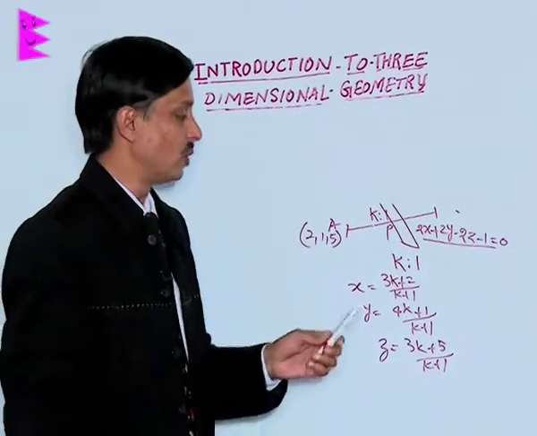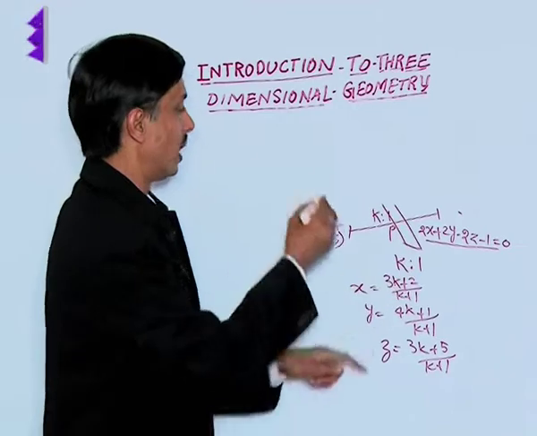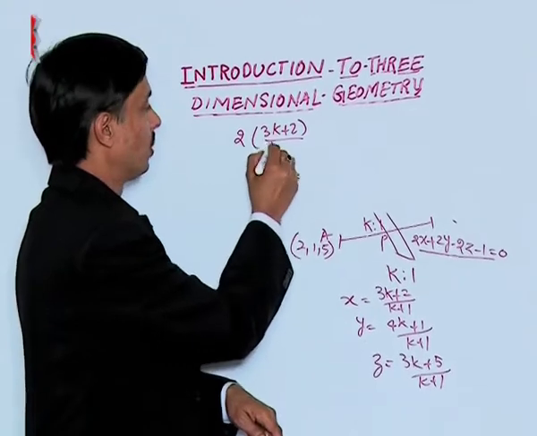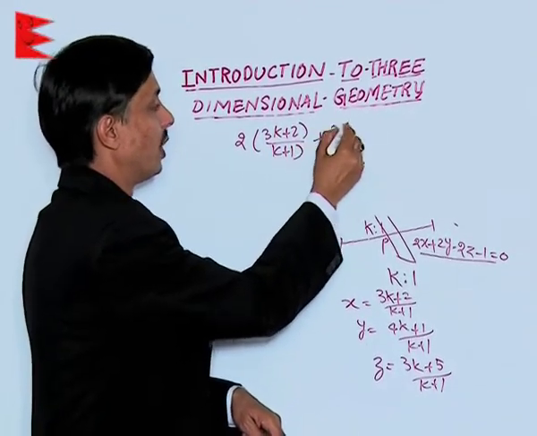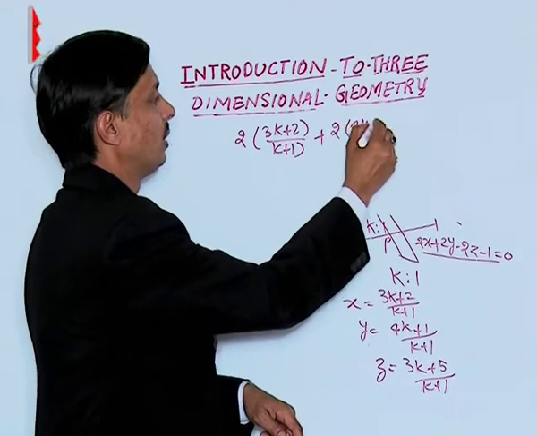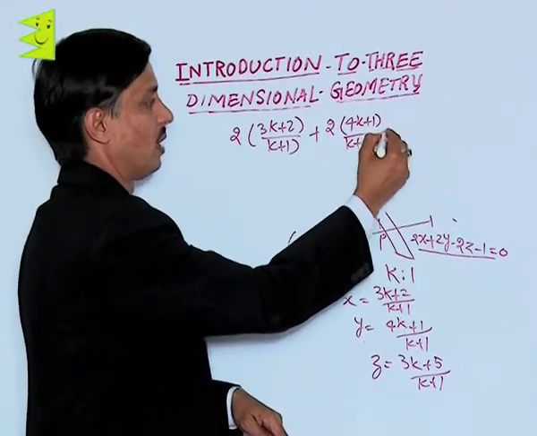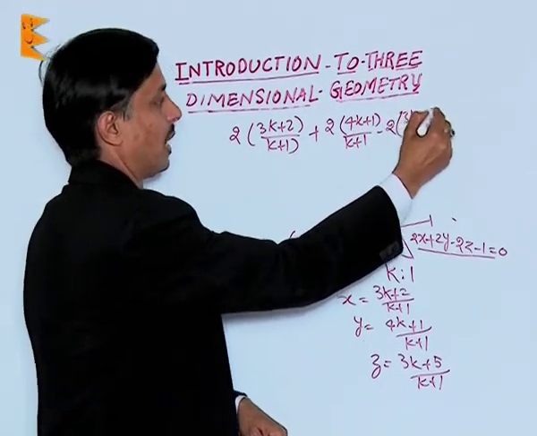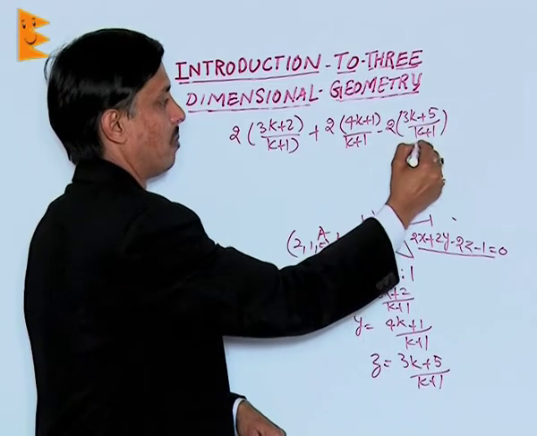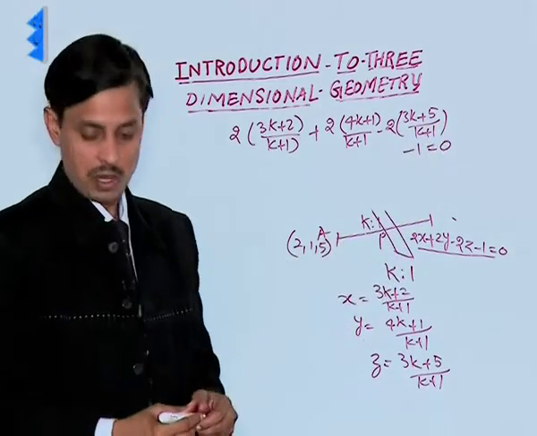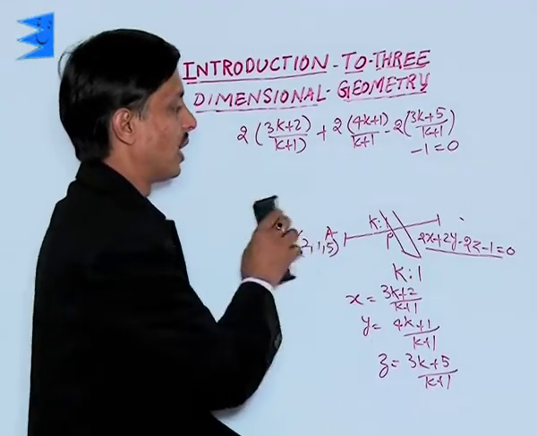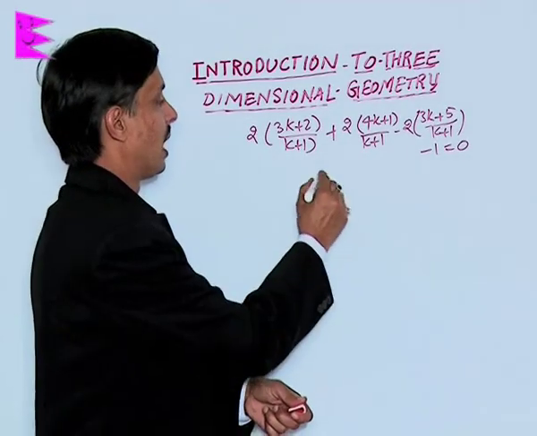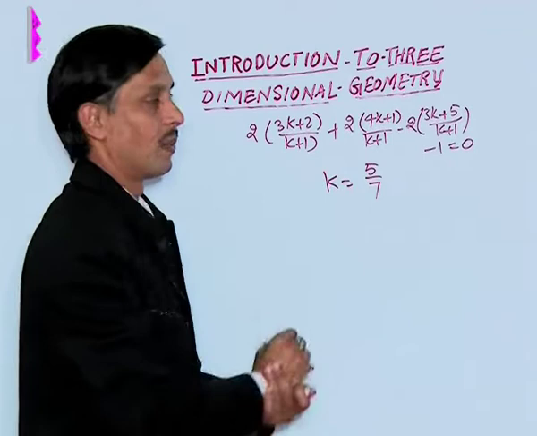So if I put these values in place of x, y and z, I will get 2 into (3k + 2)/(k + 1) plus 2 into (4k + 1)/(k + 1) minus 2 into (3k + 5)/(k + 1) minus 1 equals 0. If I simplify it, I will get the value of k as 5 by 7.